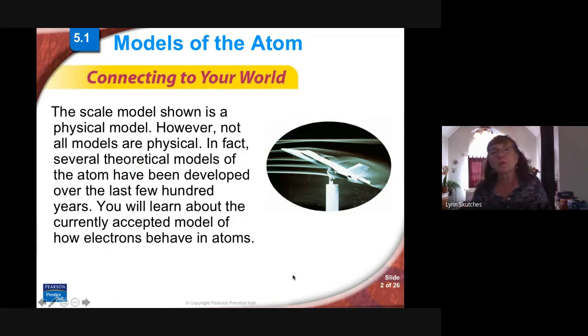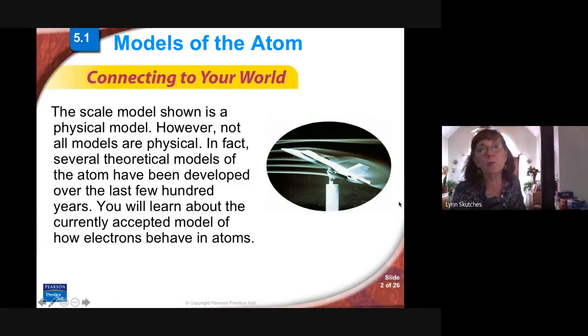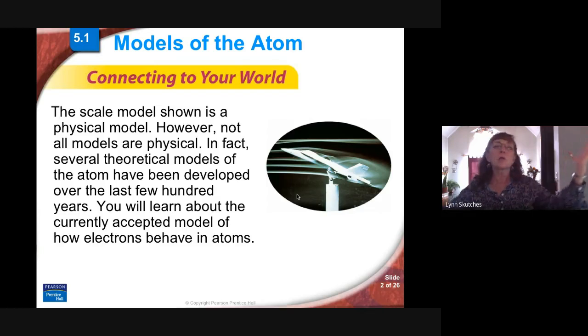This airplane's in some sort of a wind tunnel situation to see how air moves around it and how it would behave in air currents. So you might have made model airplanes, you might have made model ships. Physical models are great. You probably made a model of the cell in biology. So you can take something small and scale it up to big. You take something big and scale it down to small.